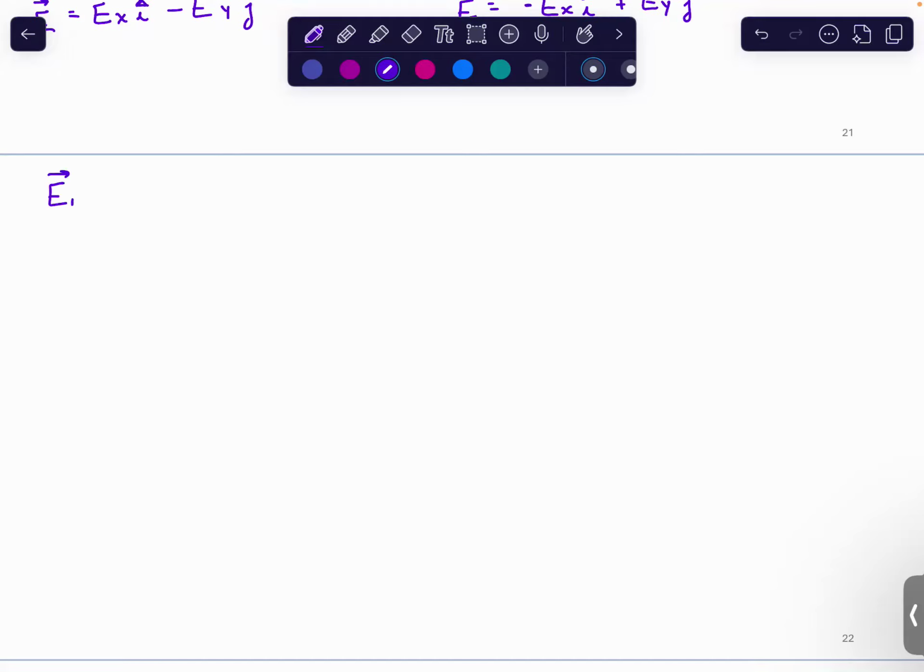So let's say we have electric field 1, and we have, in vector component form, electric field 1, and then we have electric field 2.